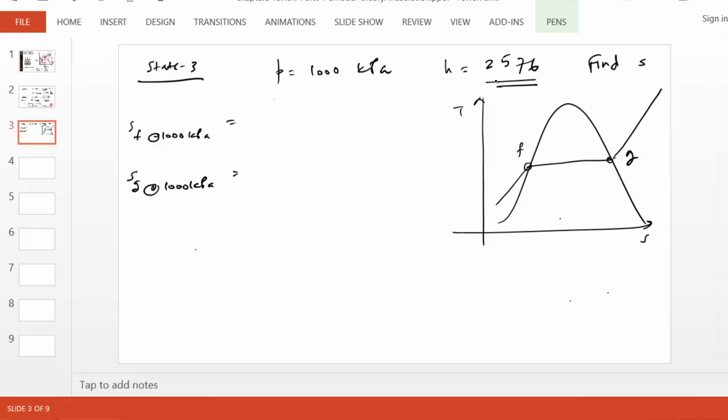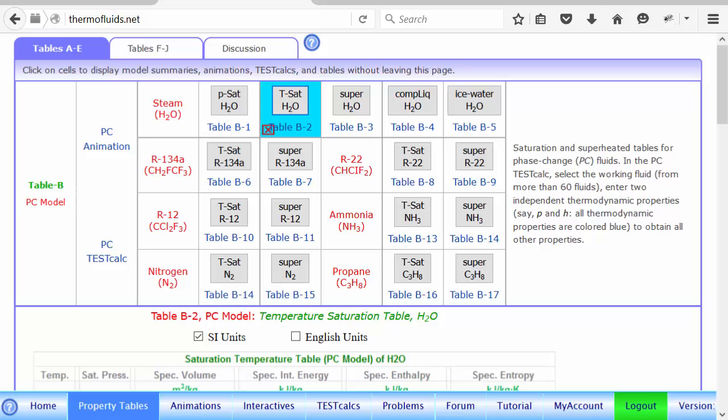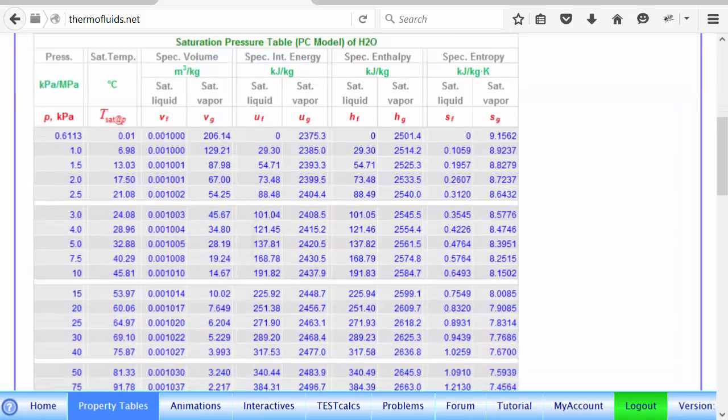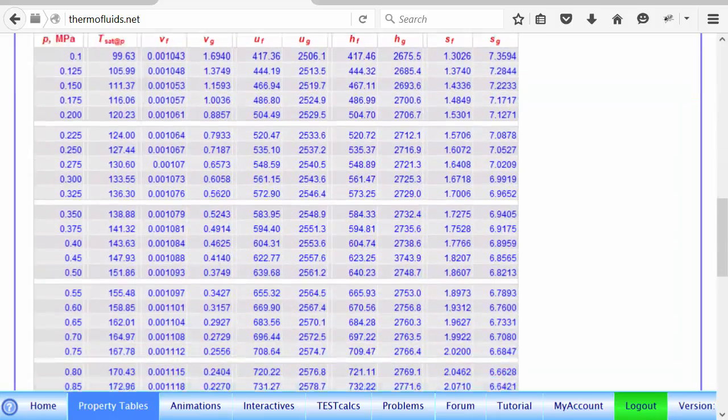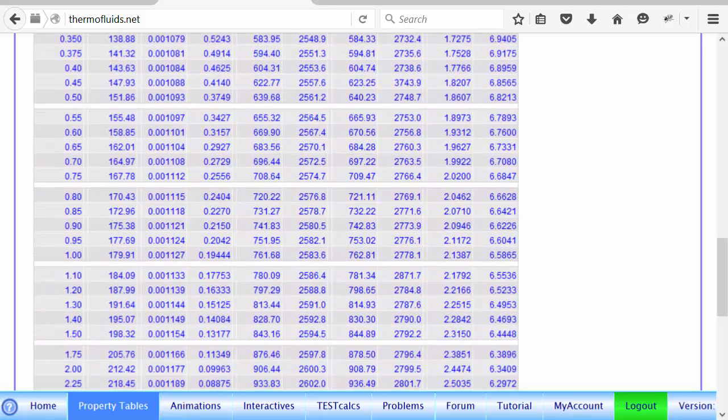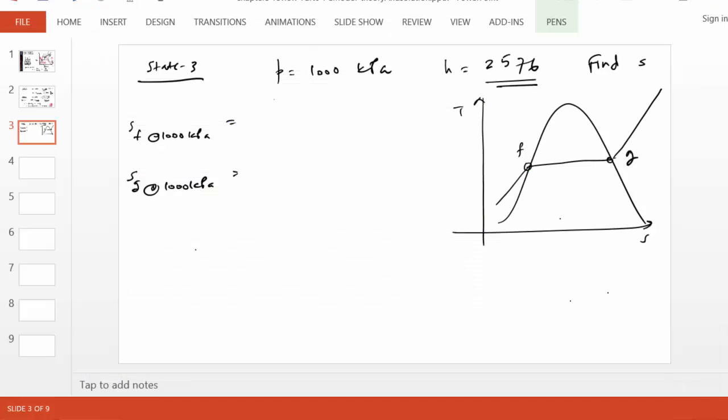So let's go to the table. This time for 1000 kPa, we will go to the pressure saturation table because that's the first column. So go to 1000 kPa, which means 1 MPa. And at 1 MPa, this is the line, and the enthalpies are here, 762 and 2778. So let's pick up these values, 762 and 2778.